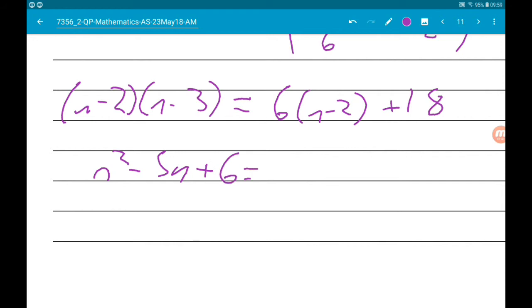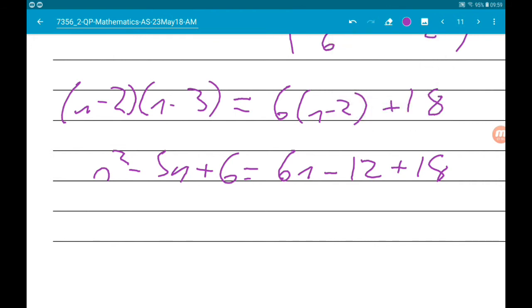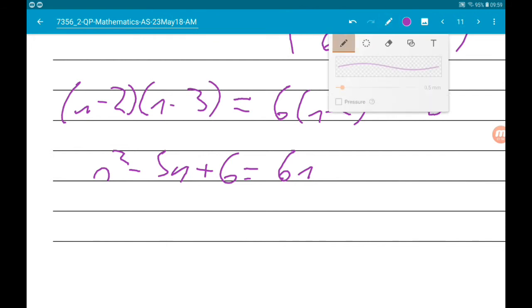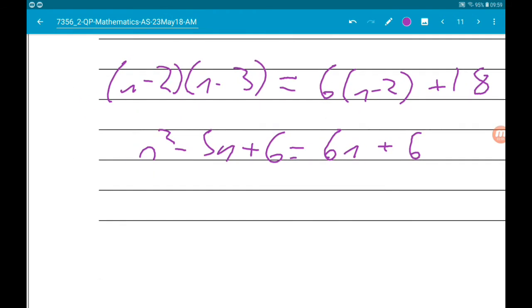On the right, we've got 6n minus 12 add 18. Now minus 12 add 18 is positive 6. So, as with all quadratics, get everything on the same side.